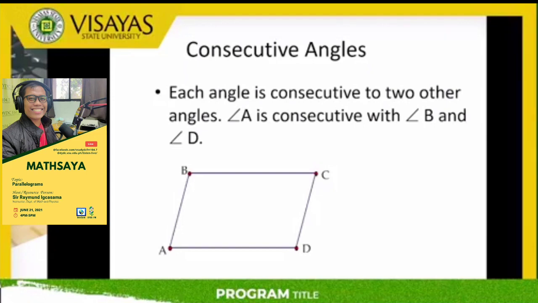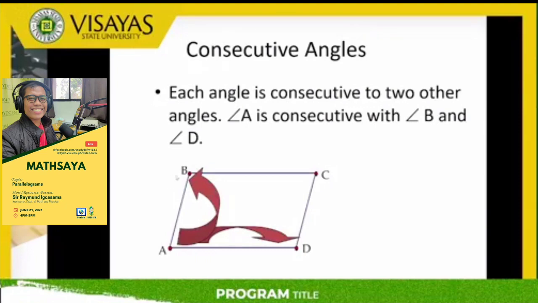On our figure, A is consecutive with B and D. If you look at our figure, A is consecutive with angle B, and at the same time, it is also consecutive with angle D. Depending on your direction or rotation, clockwise or counterclockwise, each angle is consecutive to two other angles.